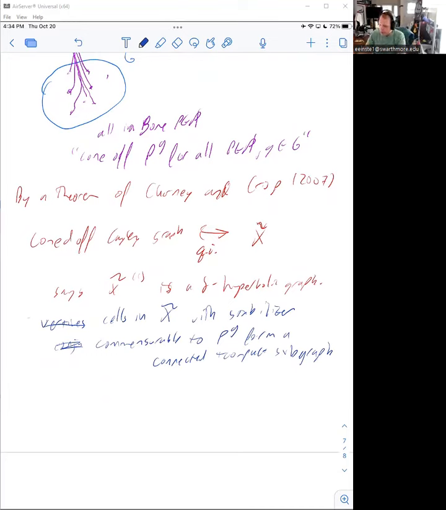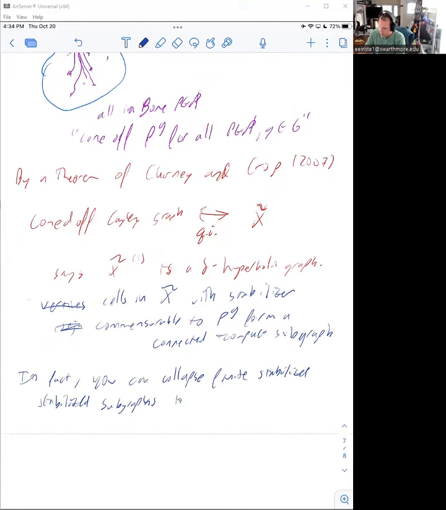And so what you can do, in fact, is collapse finite stabilized subgraphs to get a new graph with trivial edge stabilizers.